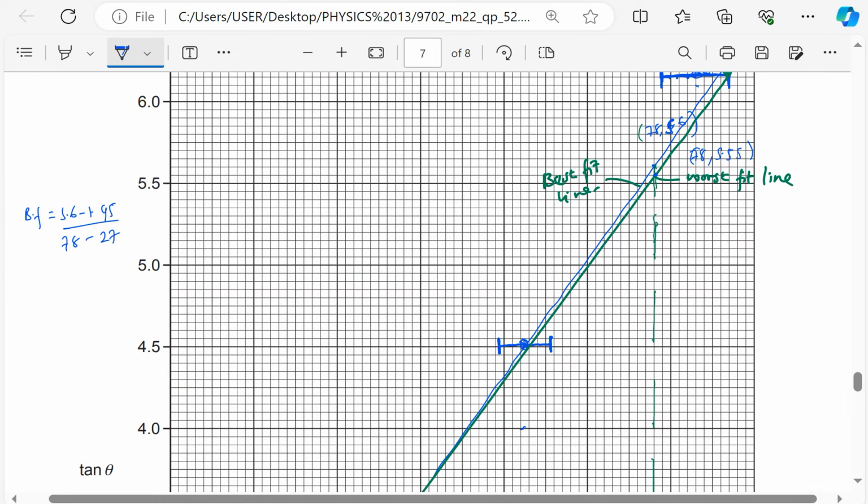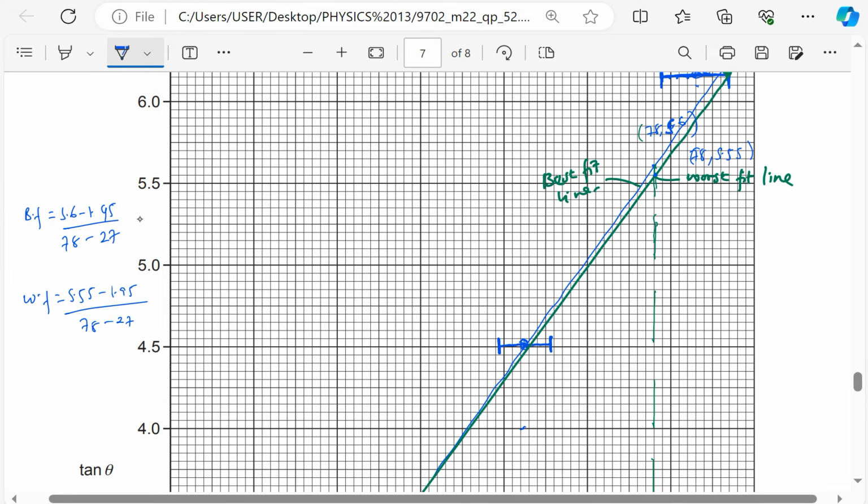That is for the best fit. Then for the worst fit, we have 5.55 minus 1.95 divided by 78 minus 27.